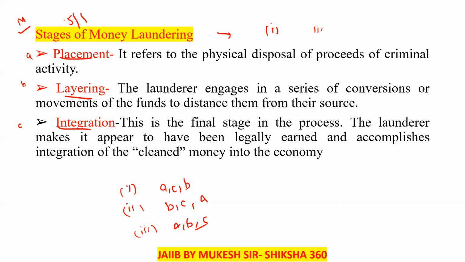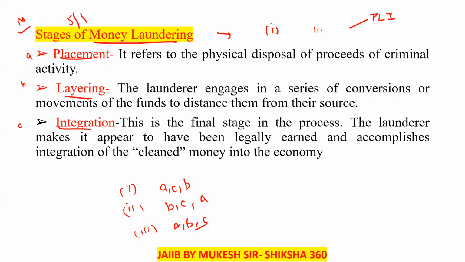So how can you remember this? Stages of money laundering. If your bank profit is more, at the financial year end, when the bank results are declared, on the basis of the net profit you will get the PLI, that is profit linked incentive.